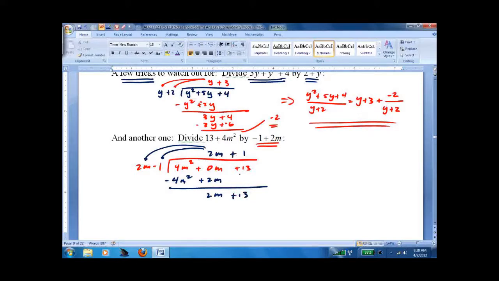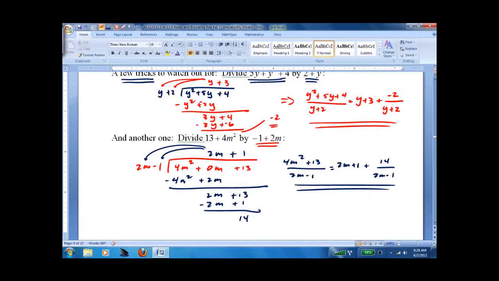Looks to me like 1 will work. 1 times 2m is 2m. 1 times -1 is -1. Remainder 14. So we get 4m squared plus 13 divided by 2m minus 1 equals 2m plus 1 plus my remainder over my divisor.